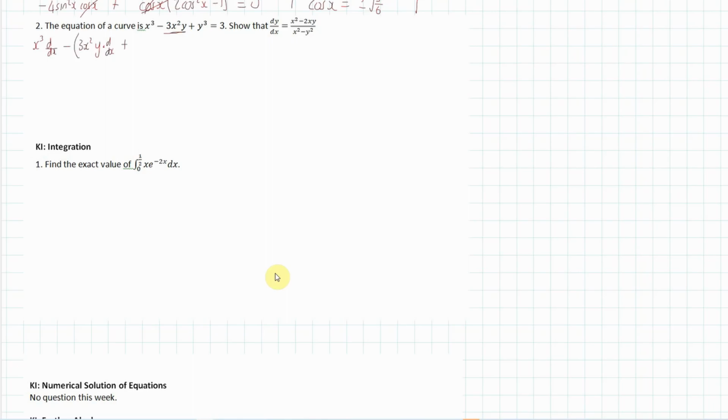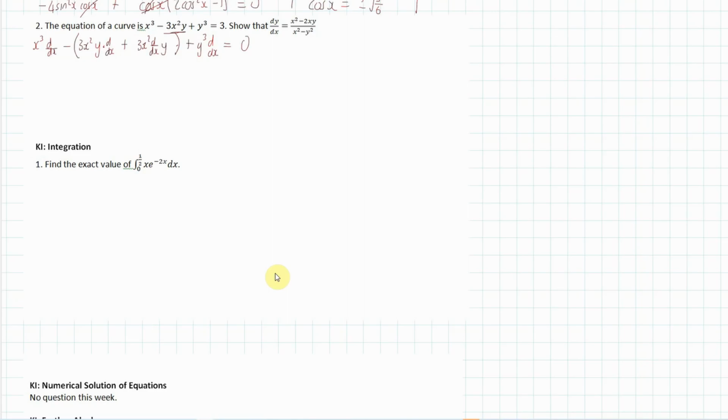So I'm going to go 3x squared y times d/dx, so I've got to differentiate that one, plus 3x squared, we're going to differentiate that with respect to x, and then we've got y, and then plus y cubed d/dx equals, and we drop that 0 out. 3 drops out when we differentiate with respect to x.